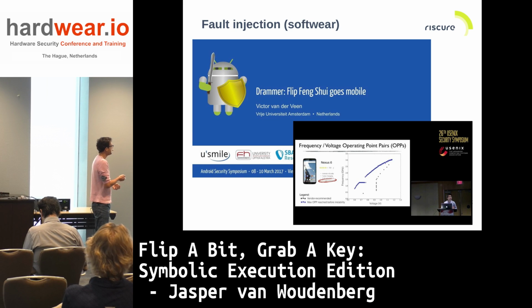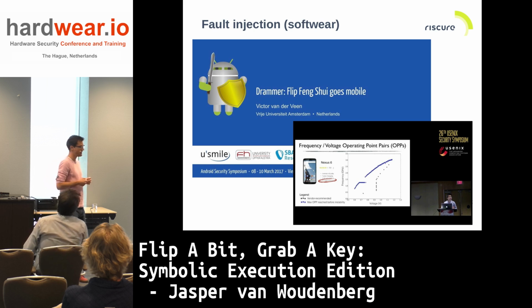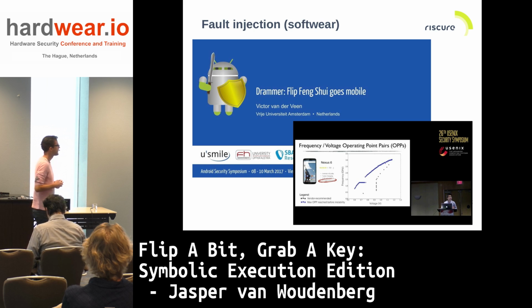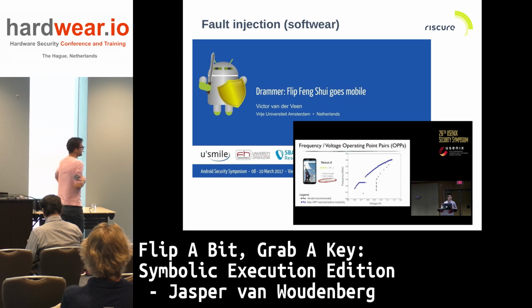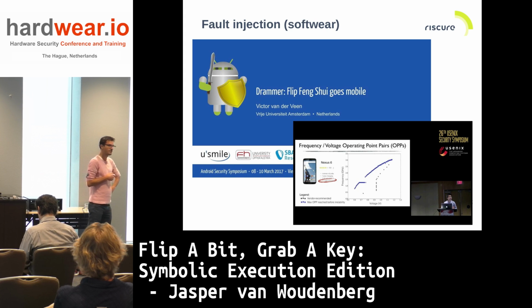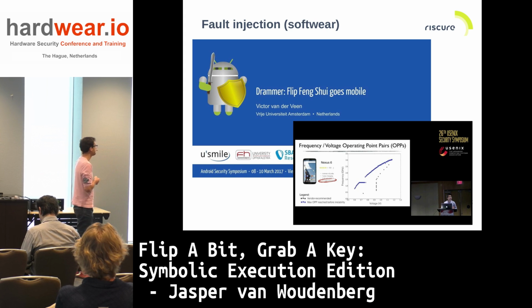Another recent example is that of CLKscrew. That's spelled C-L-K and then screw, like in corkscrew. It was presented, I believe, last month at Usenix. And this one is pretty cool as well. What they took is a mobile phone, like a Nexus. I don't know if you're familiar with trusted execution environments, but basically you have Android, which you're familiar with.